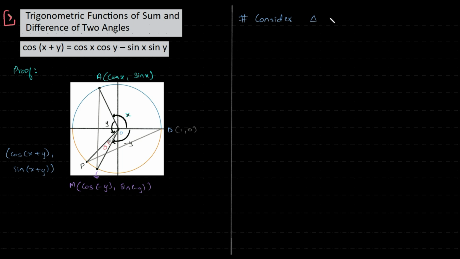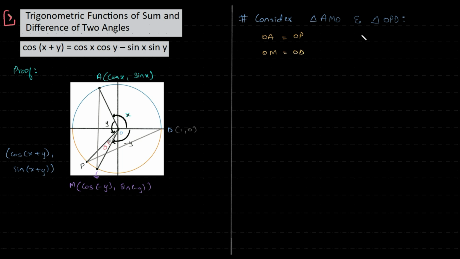Consider triangle AMO and triangle OPD. Okay, so in this, what is that we are looking at? We are looking at OA. OA is equal to OP and OM is equal to OD.